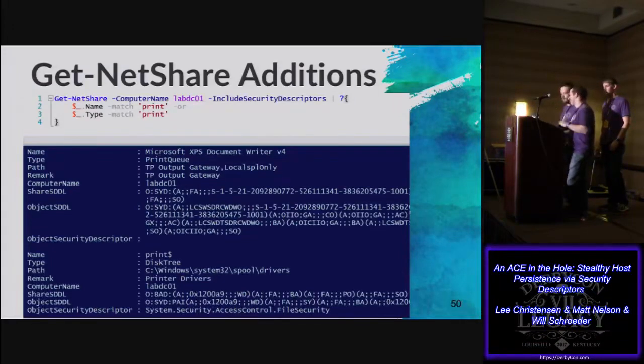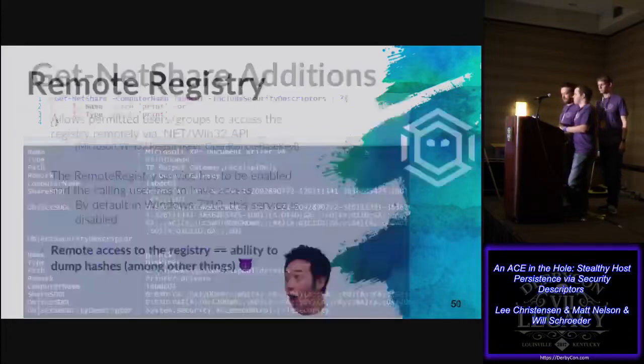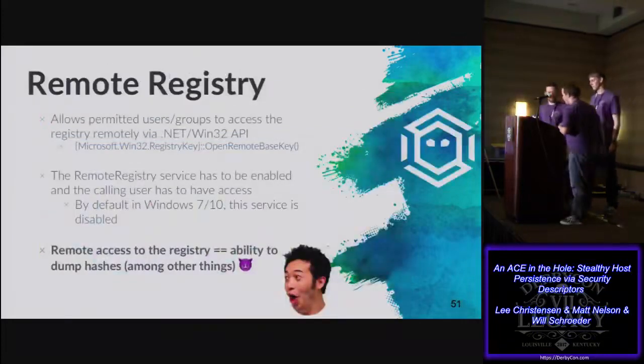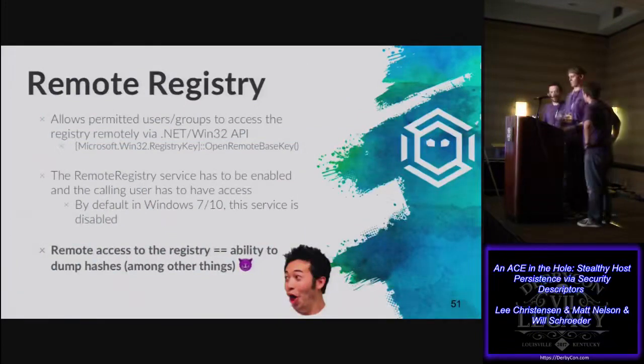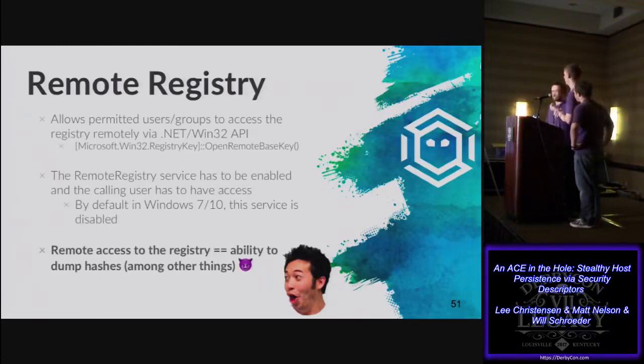So PowerView has a function called Invoke-ShareFinder that enumerates all the shares on a machine in the network. And before it just disregarded print$ shares. This now enumerates the printers, the print$ share, gets all those permissions, and then will return that, and that way you can tell if you have admin rights over the printer as well.